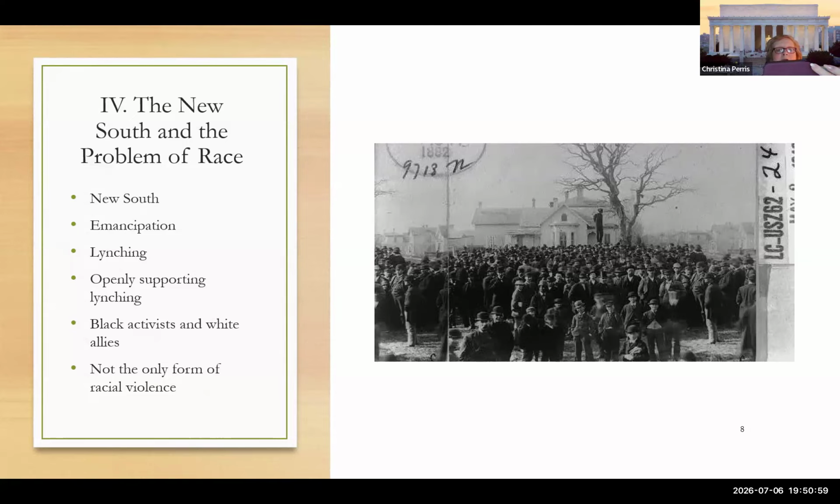The states of Mississippi and Georgia had the greatest number of recorded lynchings. From 1880 to 1930, Mississippi lynch mobs killed over 500 African Americans. Georgia mobs murdered more than 400.